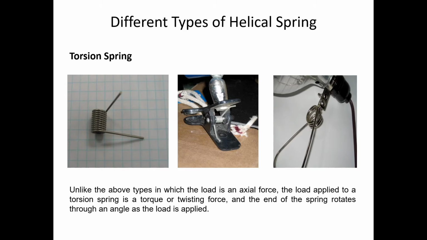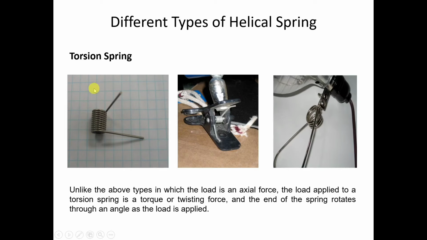Torsion spring. Unlike the above types in which the load is an axial force, the load applied to a torsion spring is a torque or twist force, and the end of the spring rotates through an angle as the load is applied. That means in our previous cases, we basically applied load axially. It could be a compressive or a tension force.